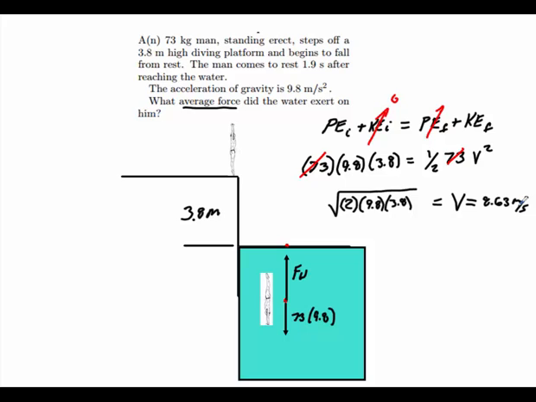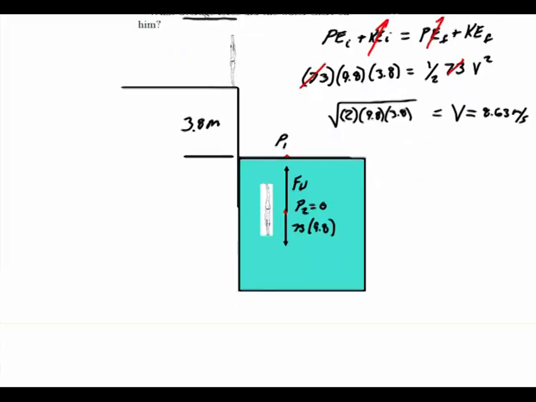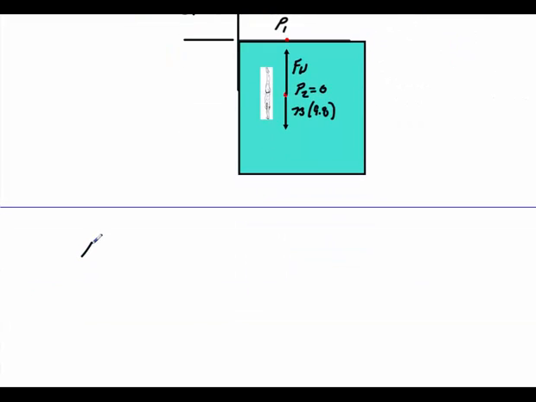Alright, so now let's find the momentum. We'll make this point 1. At the end, our momentum has gone to 0, because we've stopped and our velocity is 0. The change in momentum, change in P, is always the final momentum minus the initial momentum.